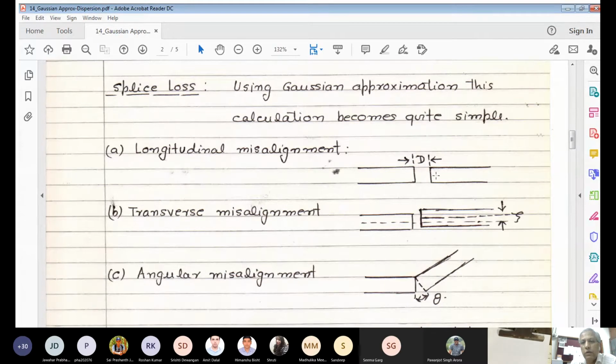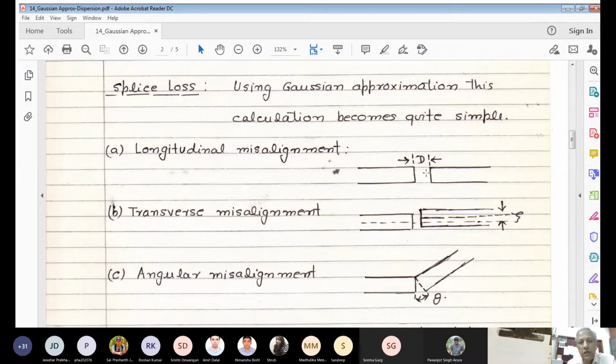So even if the two fibers are identical, because of this longitudinal gap, some loss would be there, because the field pattern traveling through this air gap would not remain the same because of the diffraction effect. But this would generally be very small.